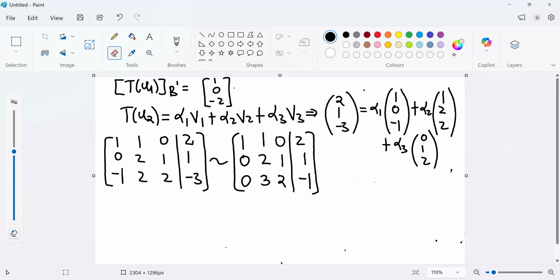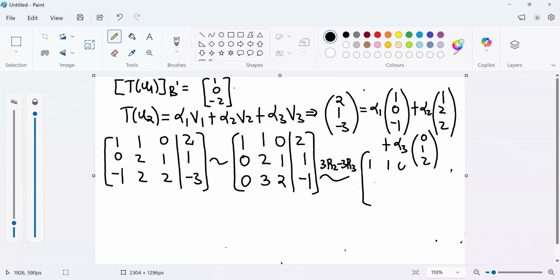I continue in the same way with 3R2 minus 3R3. It will be 1, 1, 0, 2.